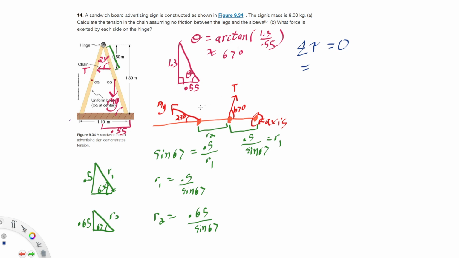We've definitely missed something here, right? Because both of these forces appear to be making a clockwise torque.